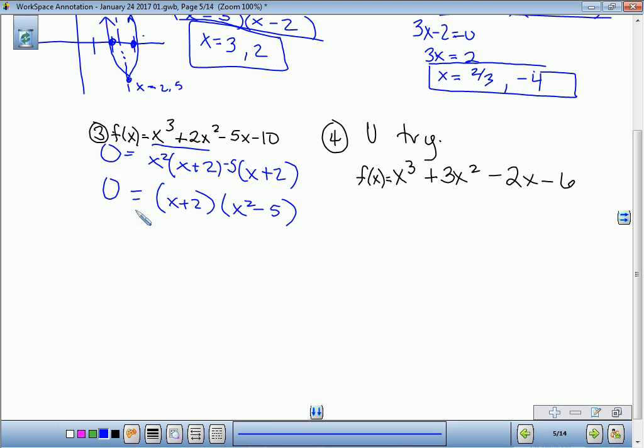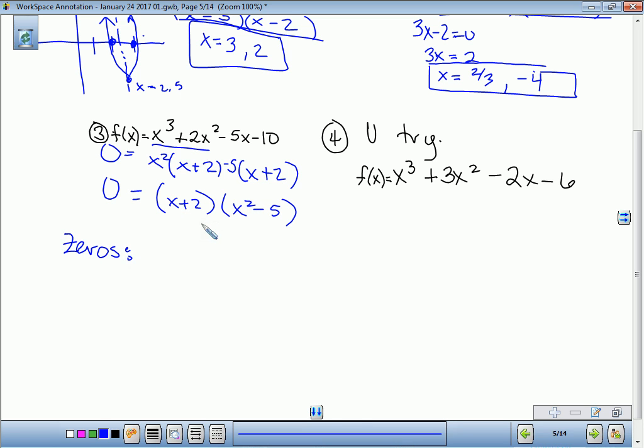Now, that is completely factored over the set of integers. But do you see where it's not the complete linear factorization? Because this is a quadratic. So, the way we get to the complete linear factorization is we find the zeros. Well, this one's real easy.